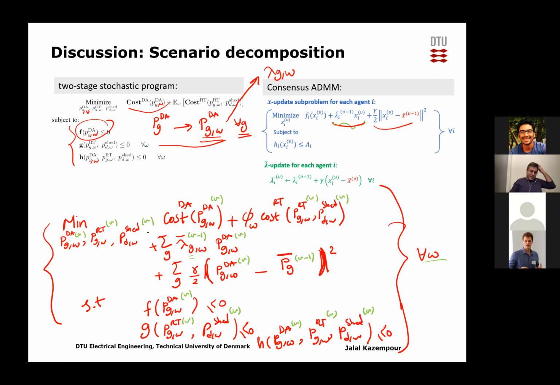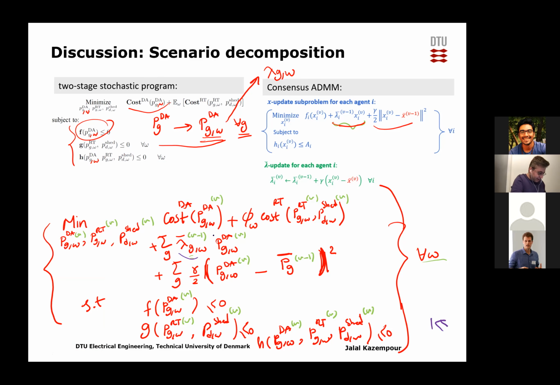Okay, done. That's our subproblem, one per scenario. Now we need to write a lambda update problem. I'm going to write it in a different color, blue or purple. So Sebastian, are you there to help me write the last one, the lambda update problem? Sure.